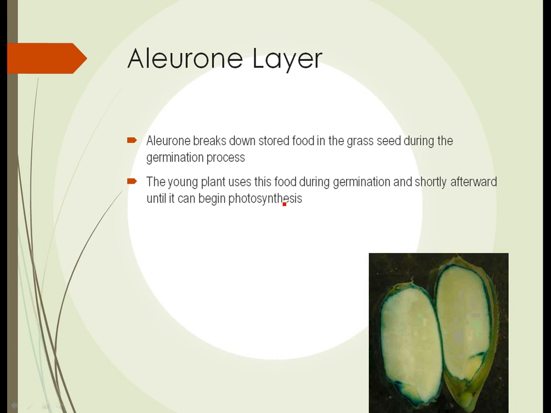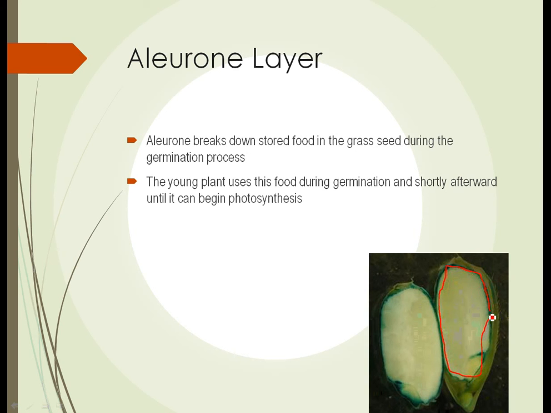Now the germ or the embryo doesn't have a capability of converting the endosperm to nutrients on its own. So inside a seed of grain, there's this layer called the aleurone layer.